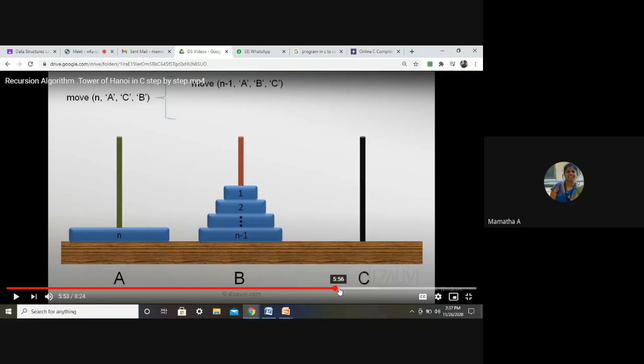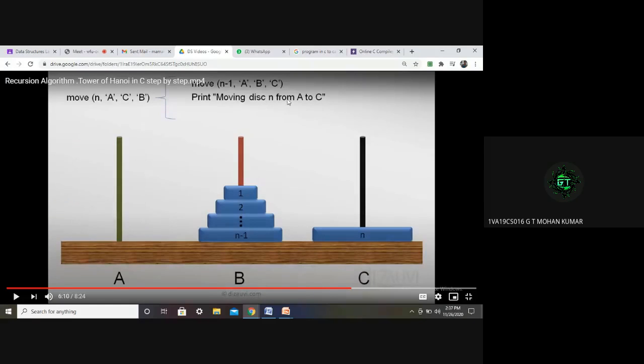And then finally move which disc from where to where? In general. Move n from source to destination. Then finally, whatever is n minus 1 disc on B, which is on the auxiliary peg, I should move it to where?